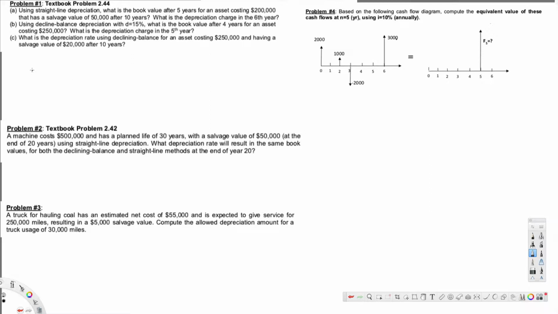First, the A part, BV5, and they have mentioned 5 years of an asset costing 200,000.